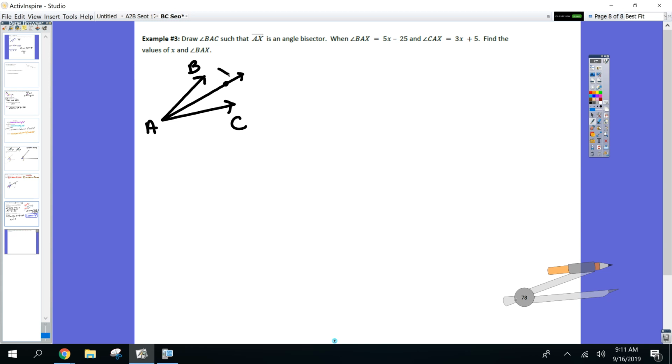Don't just freehand it. You can still put markings on your diagram, though.